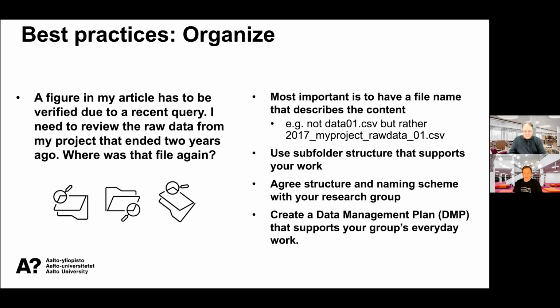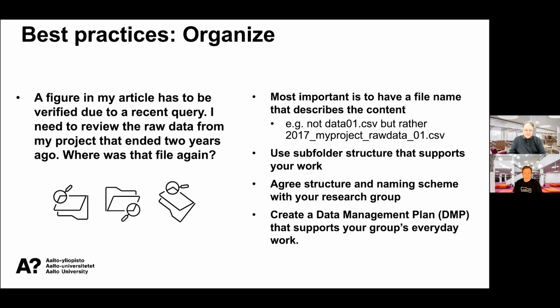And if you have a good subfolder structure, you can easily find, okay, it was that project. You'll find a project folder with your name, and then you have, for example, different folders for raw data, processed data, articles. You can quickly go through your folder structure and easily find the file also afterwards.